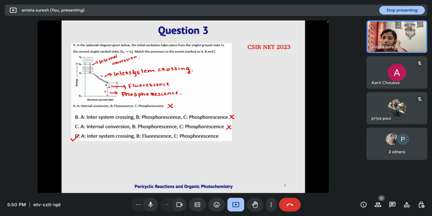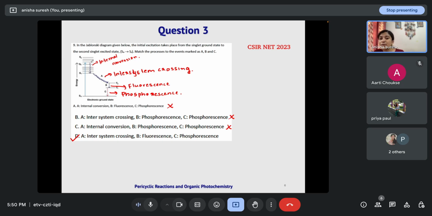In this question, the Jablonski diagram is given and they are asking: the initial excitation takes place from the singlet ground state to the second singlet excited state, that is S0 to S2. Match the processes to the events marked as A, B and C. They have marked this as A, this as B and this as C.